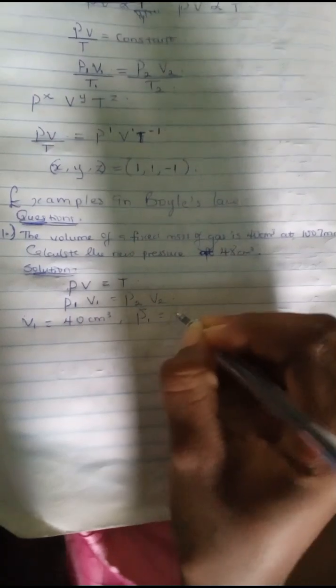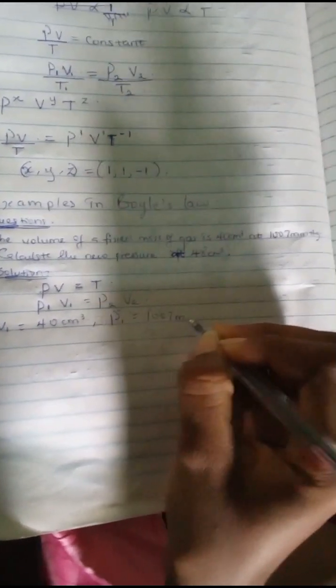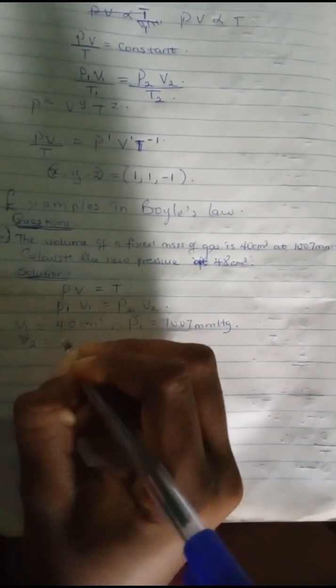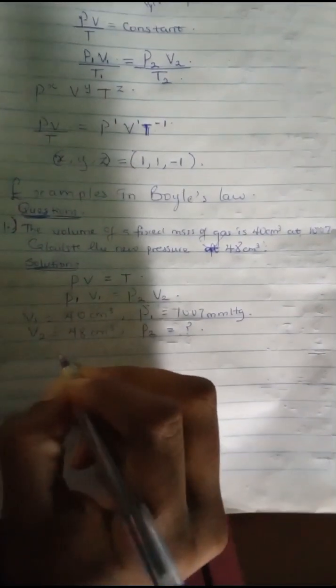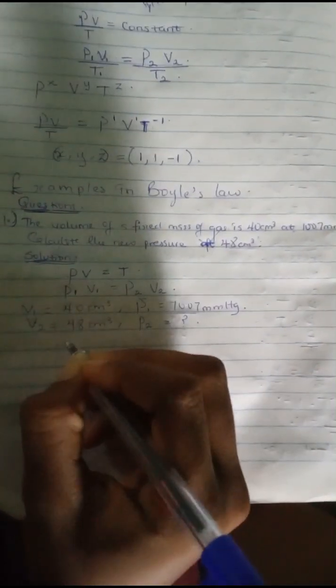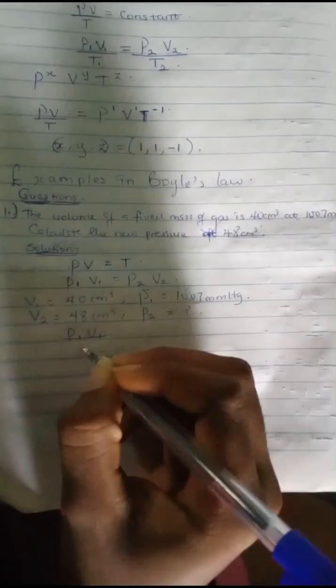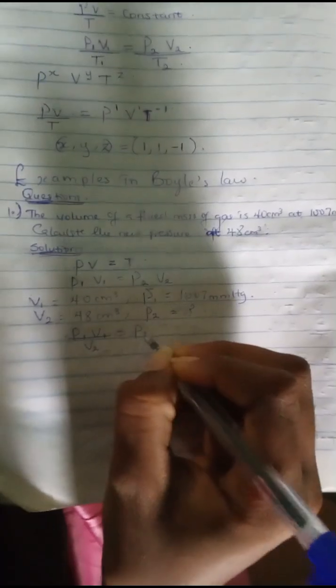So the parameters given: V1 equals 40 centimeter cube, the pressure P1 is 1007 millimeter mercury. Our final volume is 48 centimeter cube, and we are looking for our final pressure. We are going to make the final pressure the subject of the formula, that is P1 V1, cross multiply, V2 comes down to here, and that's our pressure.